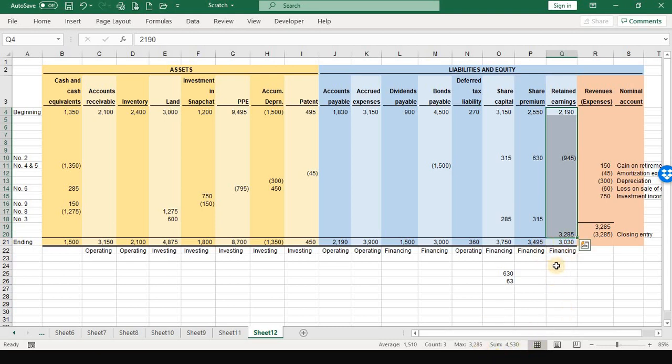However, the ending balance is 3,030 pesos, which means that there must be a decrease in retained earnings for 1,500. So what is this 1,500 negative or debit to retained earnings?